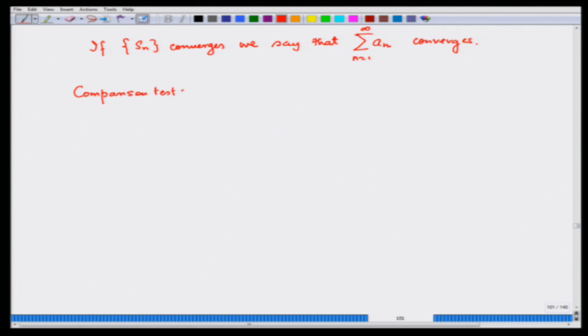This comparison test only works for series of positive terms, or series of non-negative terms if you want to say.